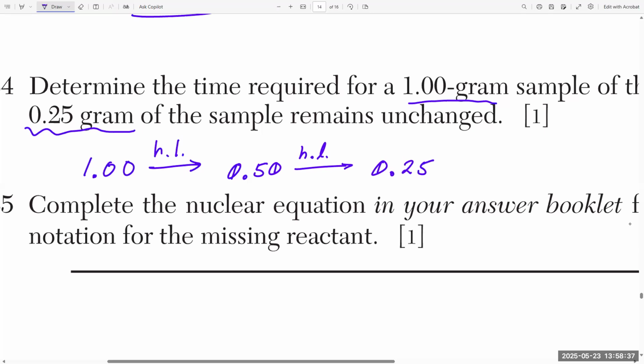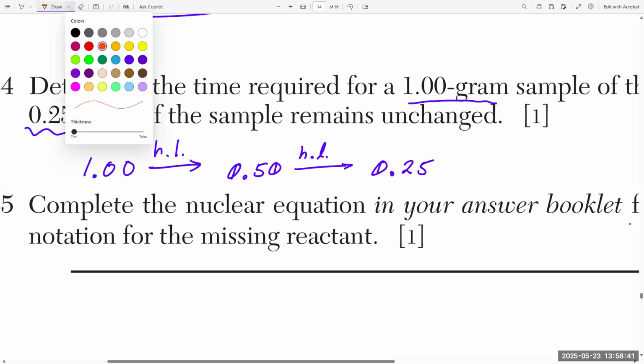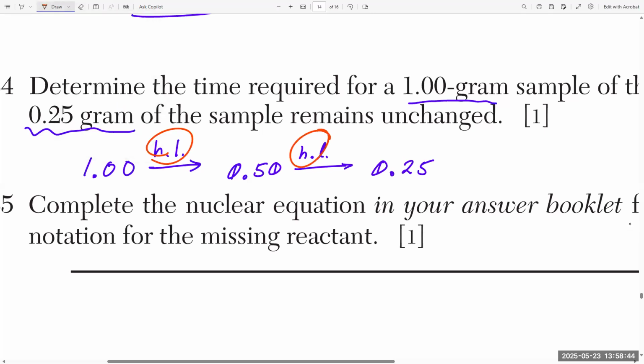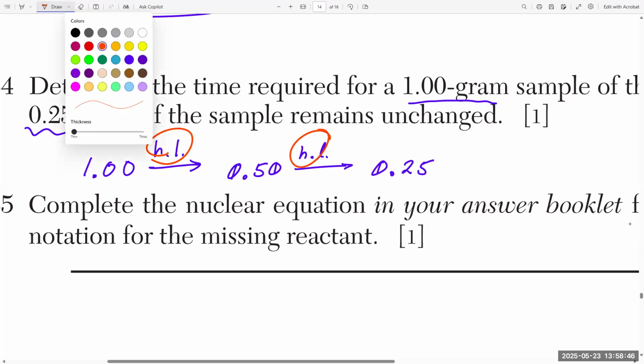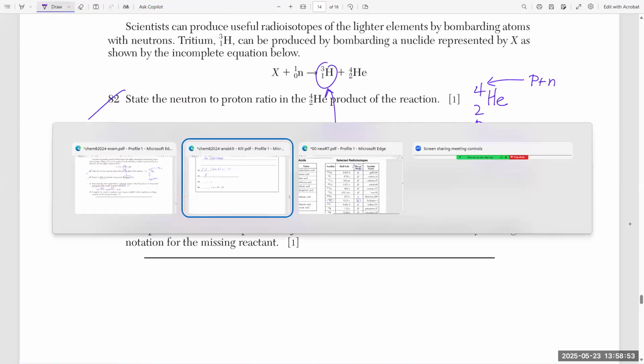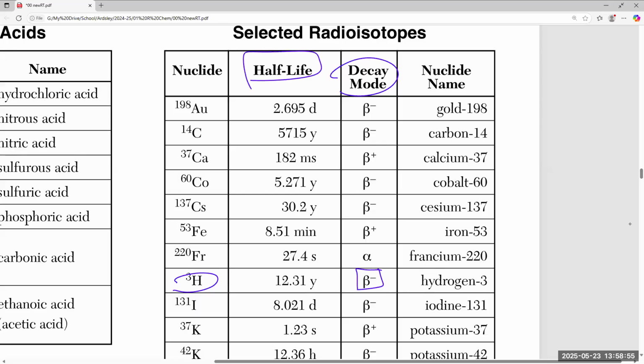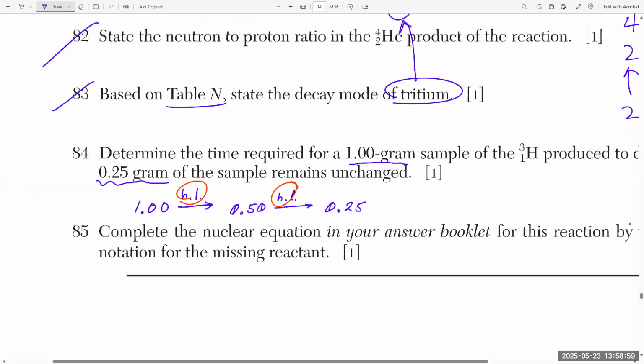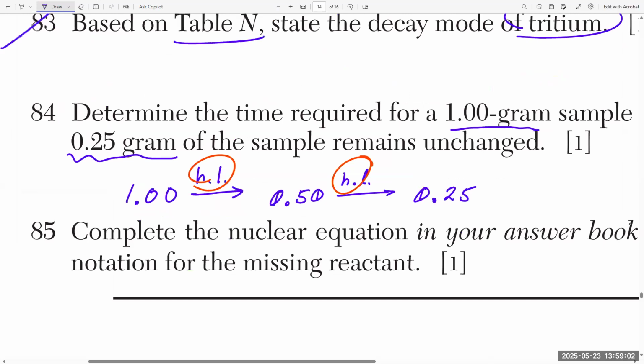So how many cuts, or half-lives, did we make? We made 2 half-lives, right? So the question is, how long does it take to make those cuts? Well, it's right in the table. Half-life for tritium is 12.37 years, which means this took 12.37 years, and that took another 12.37 years.